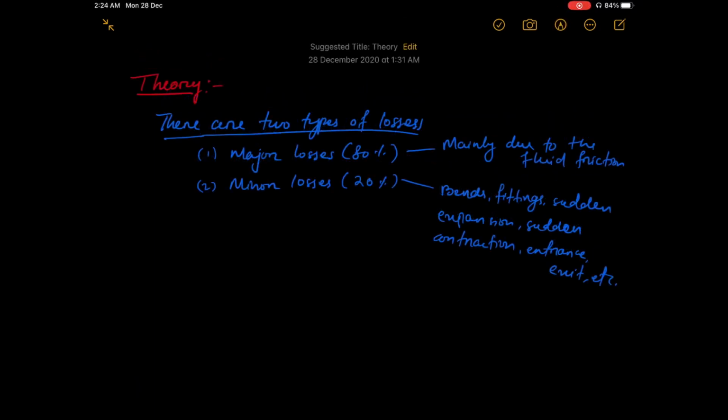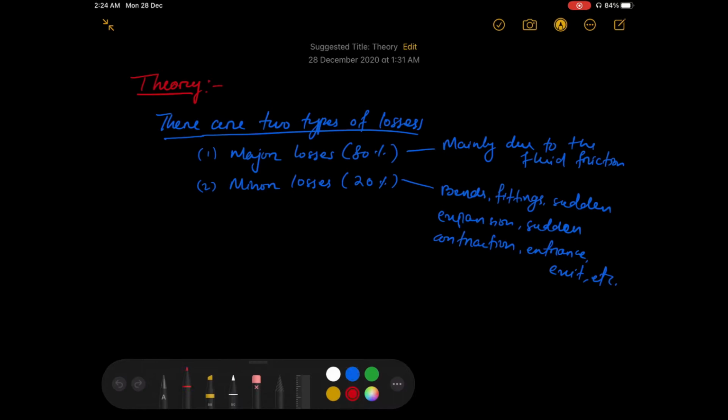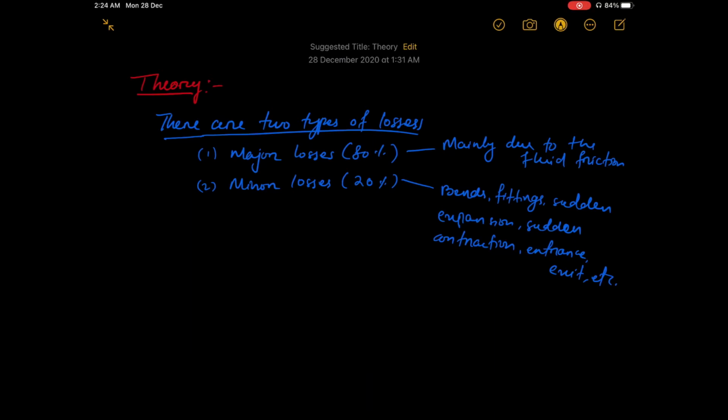The 2 points between which we will find out the head loss due to friction don't have any kind of bends, fittings, sudden expansion, sudden contraction. So we can assume that all the losses are mainly due to major losses and the minor losses are negligible.